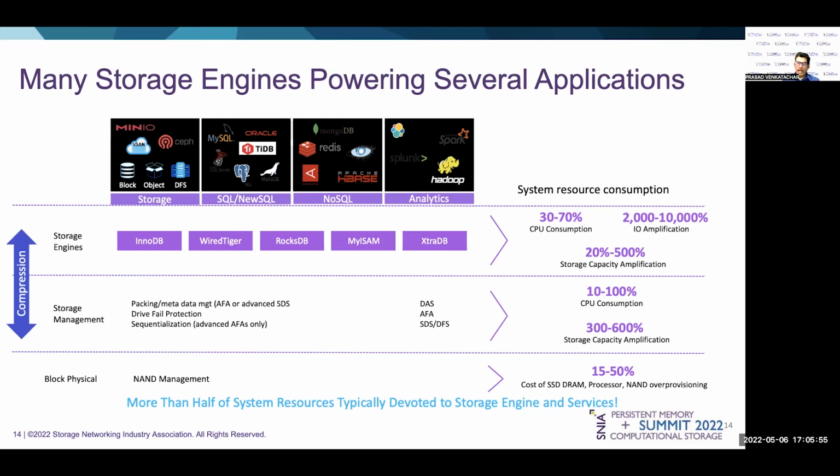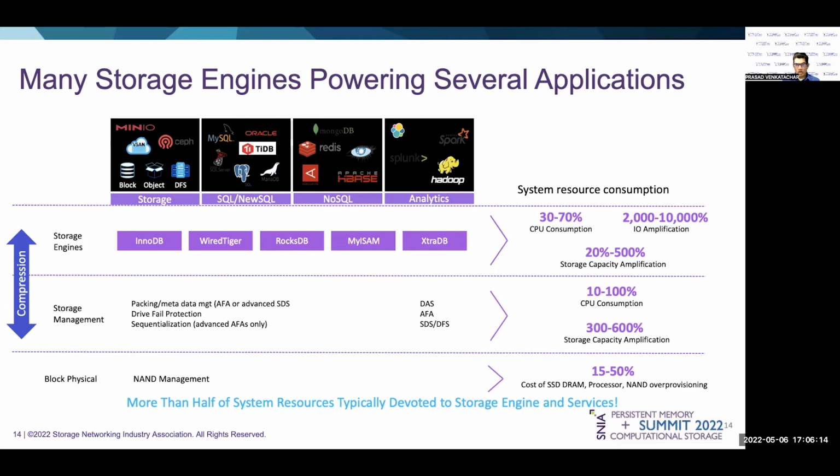And at the storage management layer, whether you're using DAS, all-flash, or HDS software-defined storage, there is a CPU overhead caused by the data shaping and data protection you want to provide, from RAID 5, erasure coding, or replication.